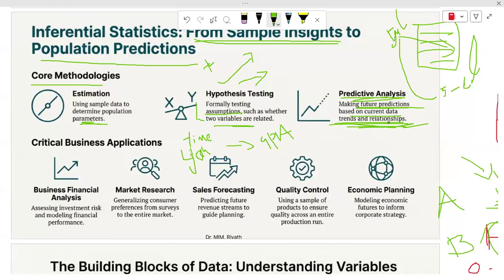Most of the time, your prediction is correct. Why? Because you do prediction based on past data. The past data is a sample. The available data in your hand is your sample. Based on your sample observation, you can predict the future. What will happen in the future? So that is predictive analysis.